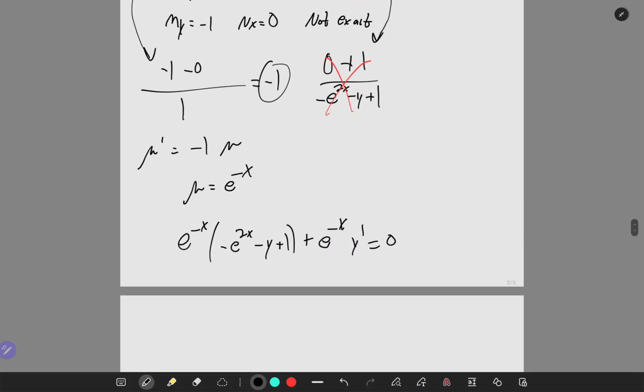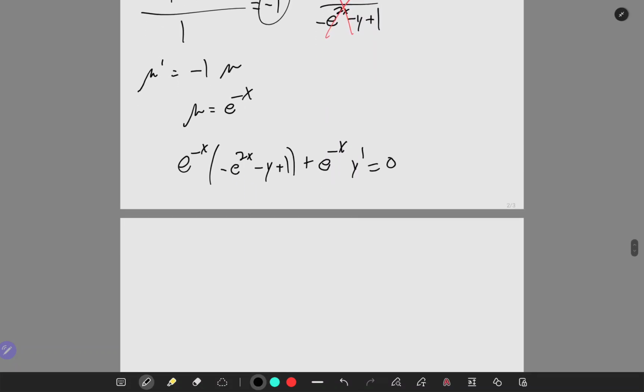So yeah, now this is our new m. So this is our m twiggle. M twiggle. Let me draw the box first. M twiggle and n twiggle.